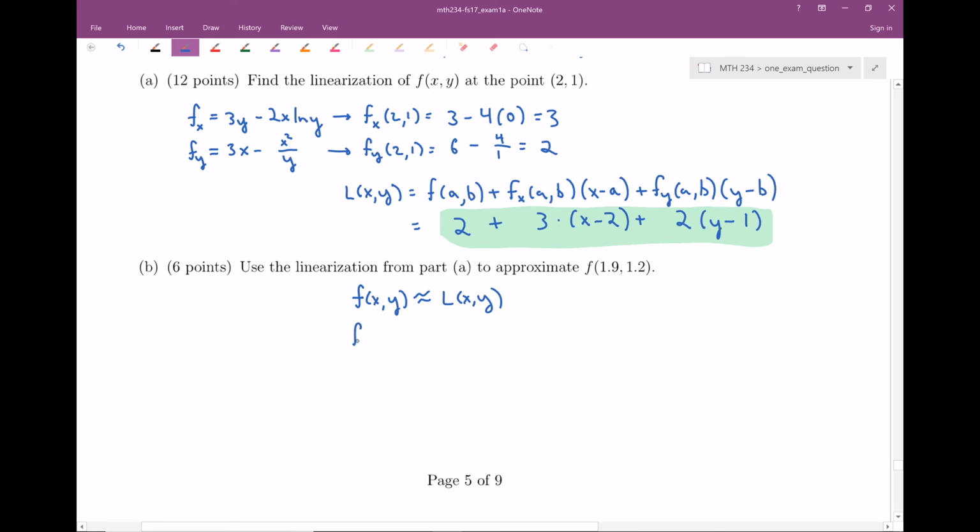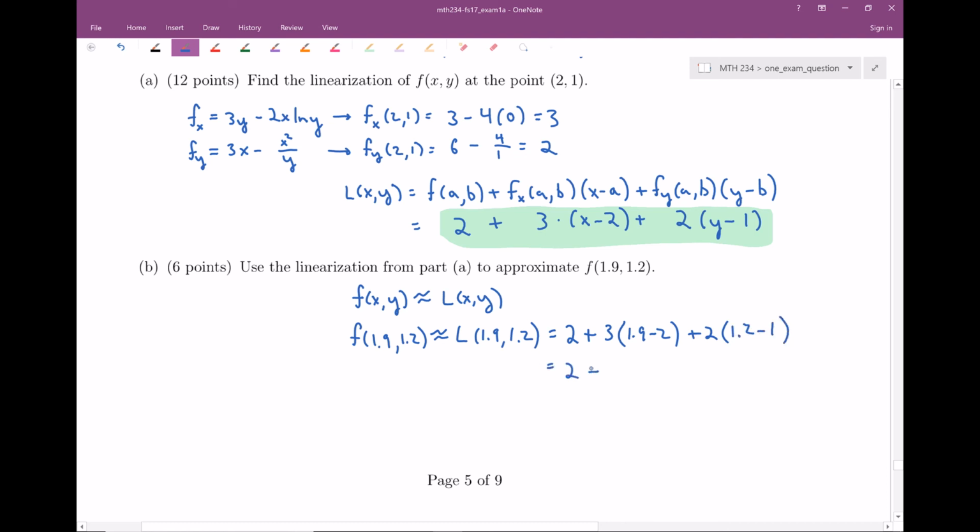If you want f of 1.9, 1.2, this will be approximately equal to the linearization at 1.9, 1.2. Here's our linearization function. It's going to be 2 plus 3 times, everywhere I see an x, a 1.9 minus 2, plus 2 times y minus 1, so 1.2 minus 1.